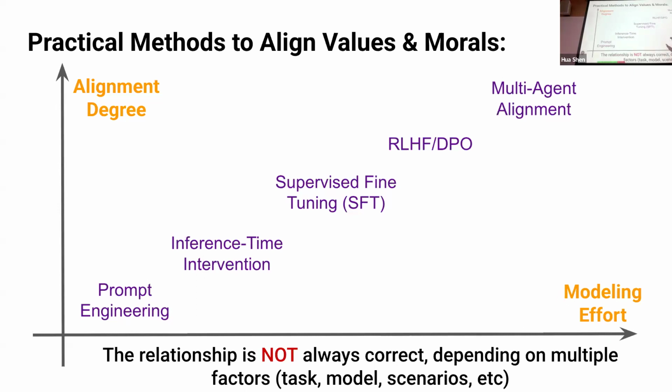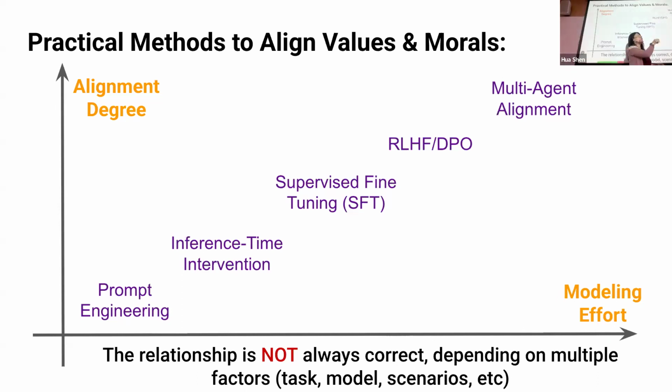Supervised fine-tuning means that we allow the model to see more data. So we would basically fine-tune the model on the data. Many of the parameters in the model would be updated because of the new data we provide. That's why its capability is often much higher than the non-data, non-parameter-change ones.